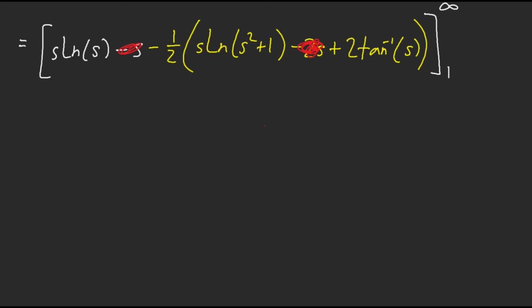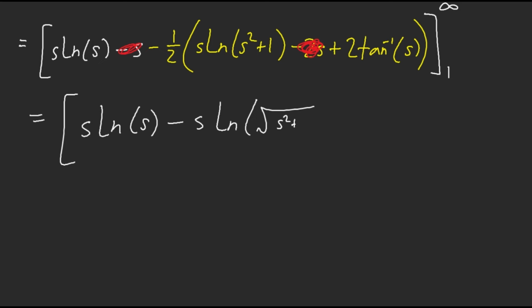Alright, cool. So what we have left, if we simplify this, we have s ln of s, okay, and then we have minus s of ln of square root of s squared plus 1. I'm just going to write it like that, just to easily see, and then, well, technically minus, this is minus inverse tangent of s.